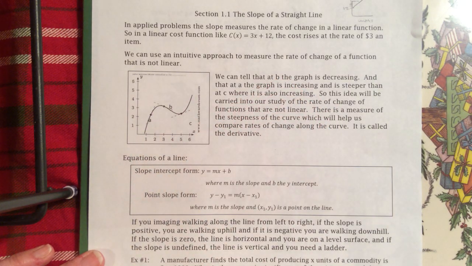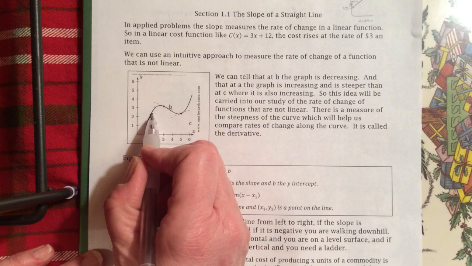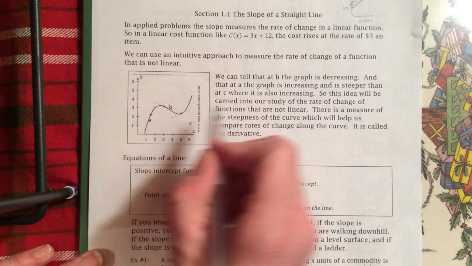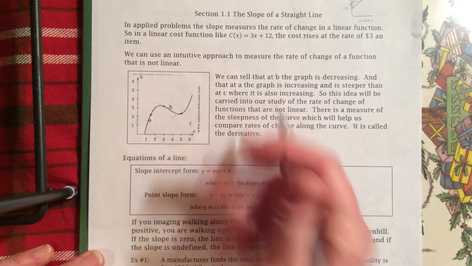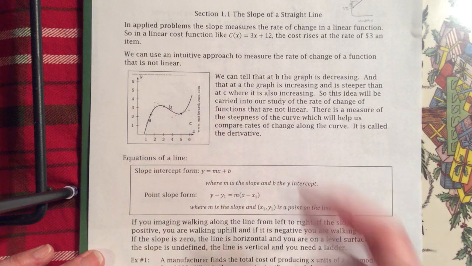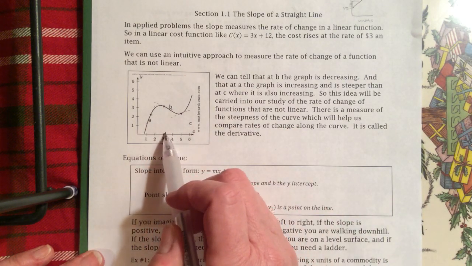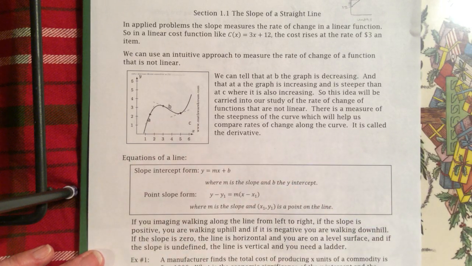So for every little change in x, there's a bigger change in y when we're at the point A than there is at the point C. So if we move a little bit to the right with our x value, the y value is going to increase faster at A. So we can use this steepness to compare rates of change on a curve.